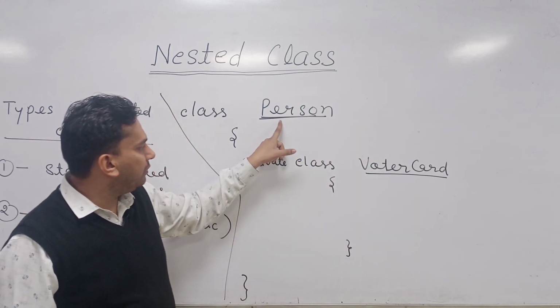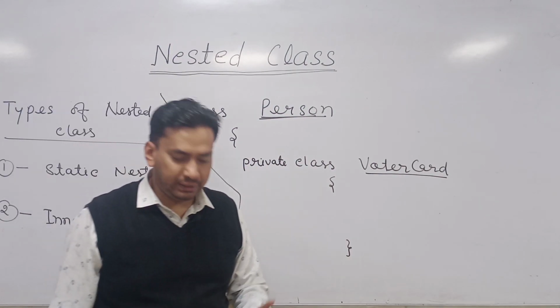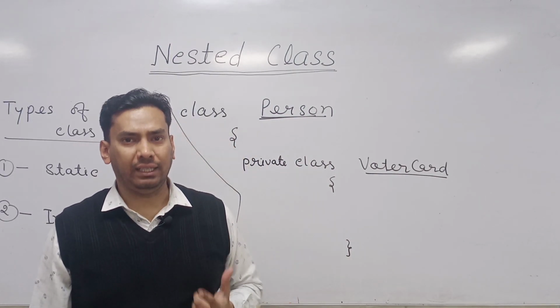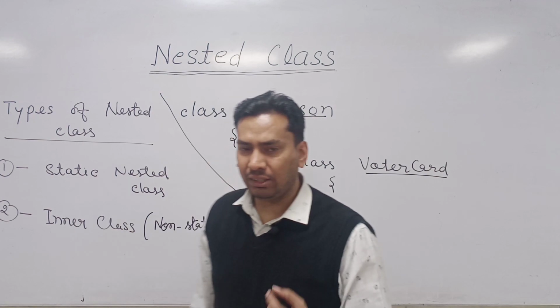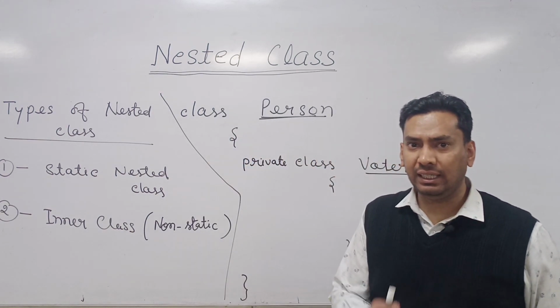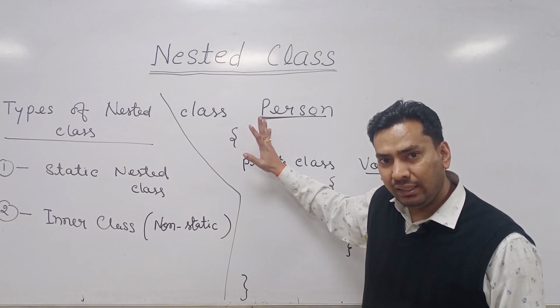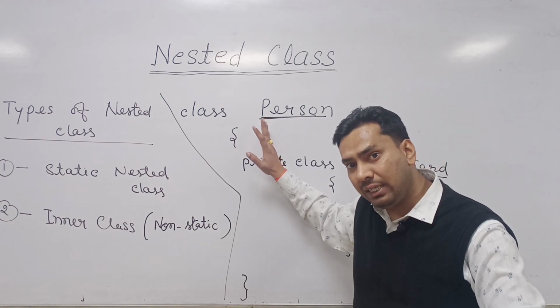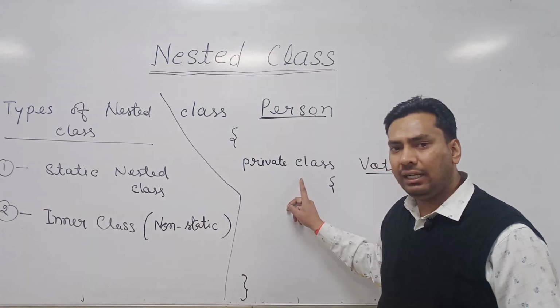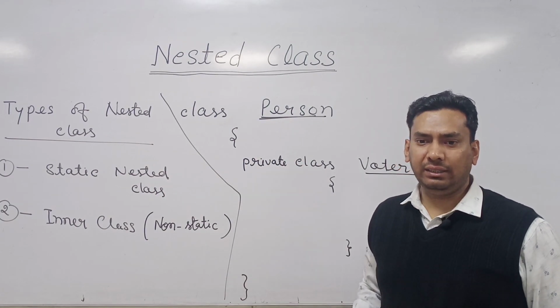So here we will be using the non-static nested class or inner class, because an inner class or non-static nested class says that firstly the outer class object should be created, and within that outer class object the nested class or inner class object will be created.